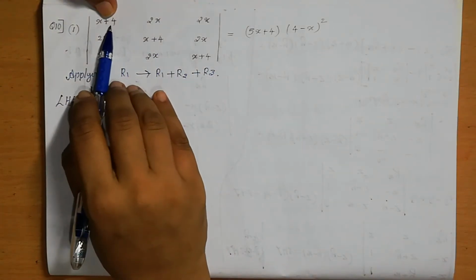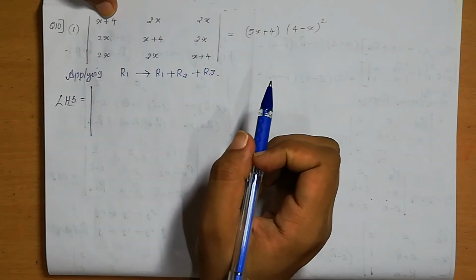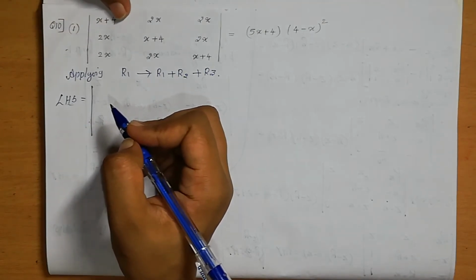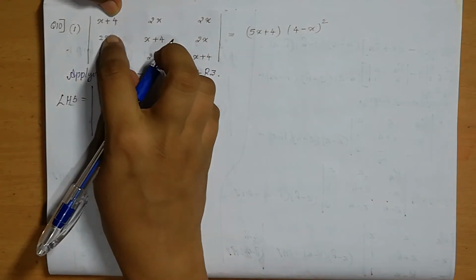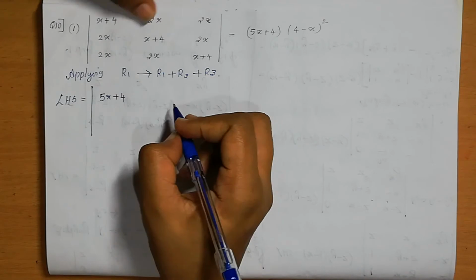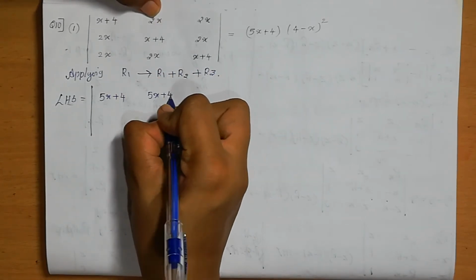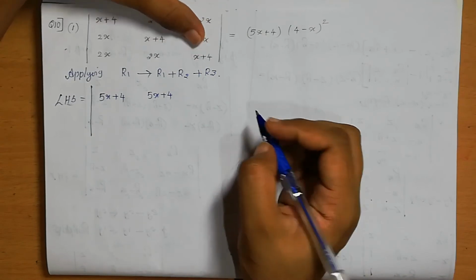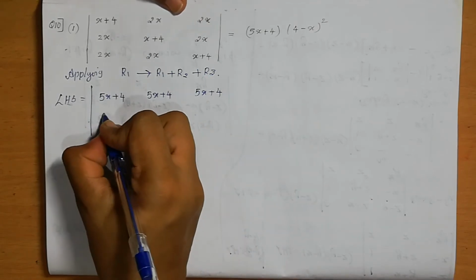This is row 1 plus row 2 plus row 3. So if you are adding, what will we get? Adding row 1, row 2, row 3, you will get 5x plus 4. Next here also we are adding, what will we get? 5x plus 4. Here also 2x plus 2x, 4x plus x is 5x plus 4. 5x plus 4. Then remaining rows are same.